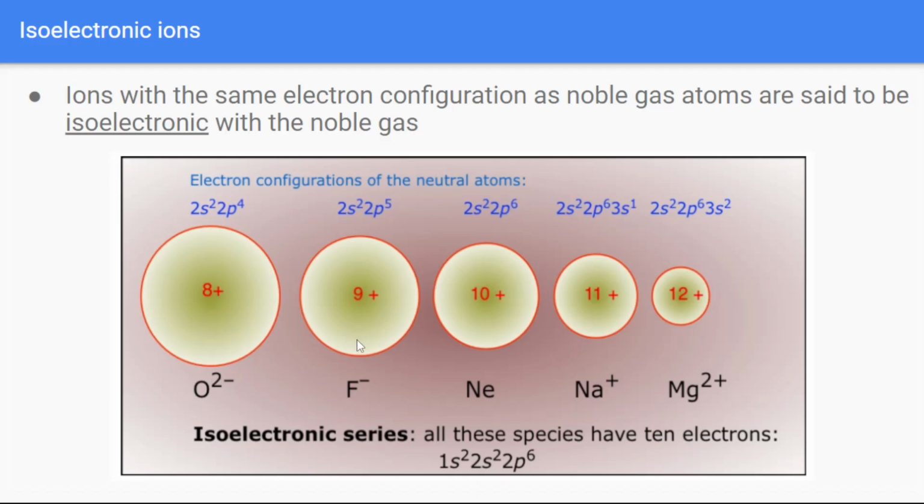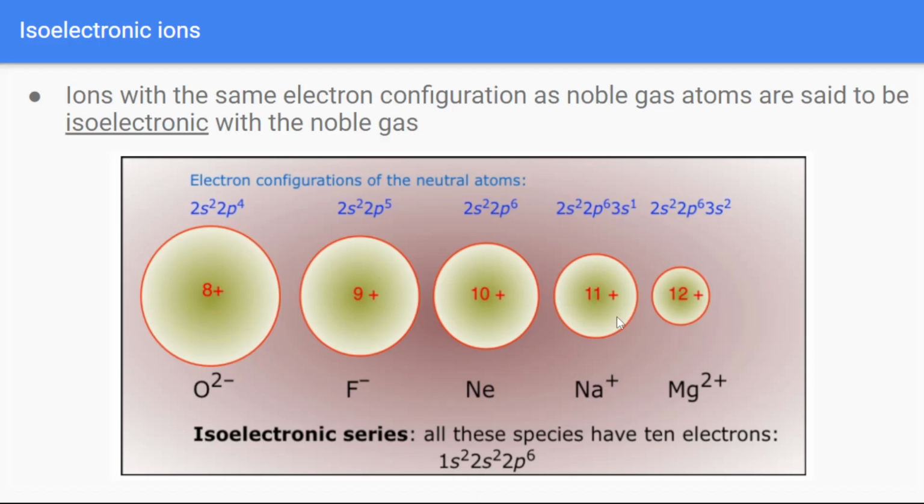Fluorine almost has a full outer shell. It needs 1 more electron. When it gains that extra electron, the electron configuration changes from 1s2, 2s2, 2p5 to 2p6. So that 2p orbital is full now, and so that gives us a total of 8 valence electrons.